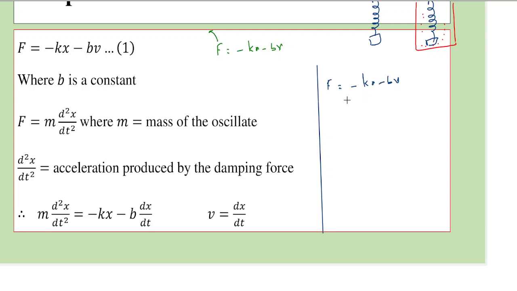But F itself was equal to m into a. Since we assume it is a one-dimensional motion, we can write a as d square x by dt square. So this gives us m into d square x by dt square is equal to minus kx minus bv.